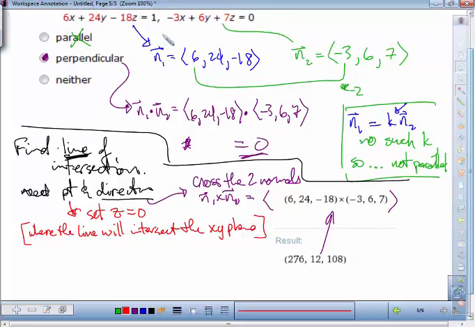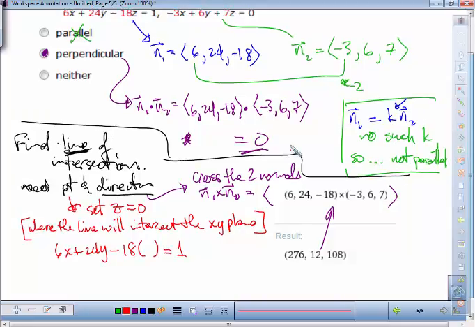We're going to take our two equations of the plane. We have 6x plus 24y minus 18z, and for z I'll leave a space right now, equal to 1, because now I get to put that constant 0 in there. The other equation is negative 3x plus 6y plus 7z, and again I'll leave that open because I'm just going to drop a 0 there, because we set z equal to 0.